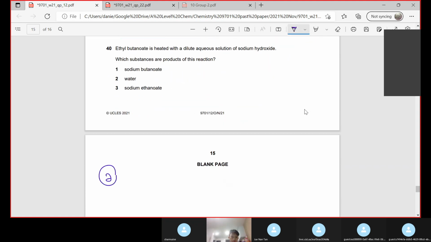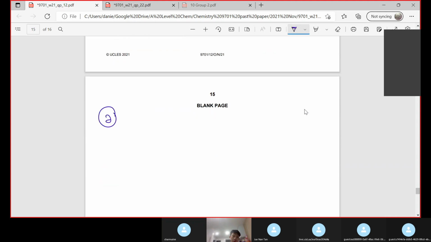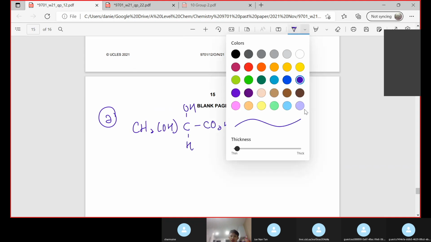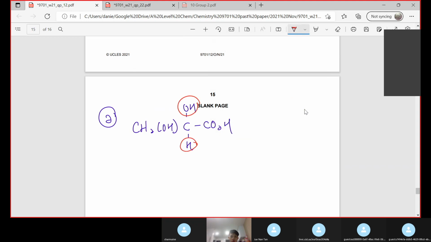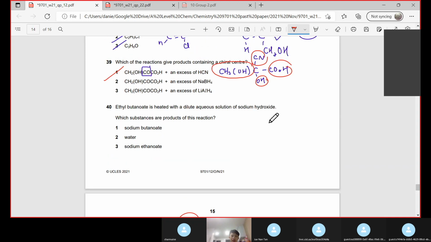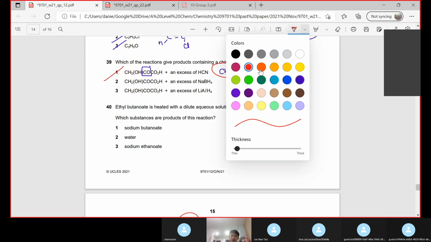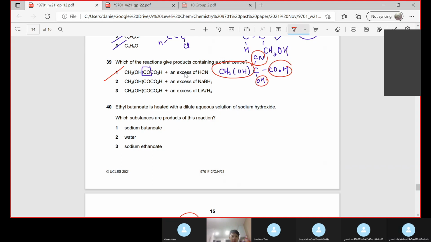So for number 2, we will have CH2OH, then the carbonyl is reduced, becomes OH, CH, then CO2H. Again, you can check 1, 2, 3, 4, 4 different groups. So yes, there is a chiral center. 2 is correct. Okay, how about 3?